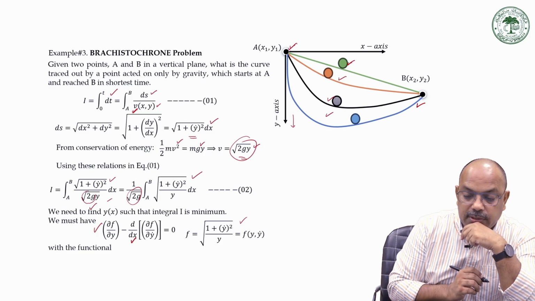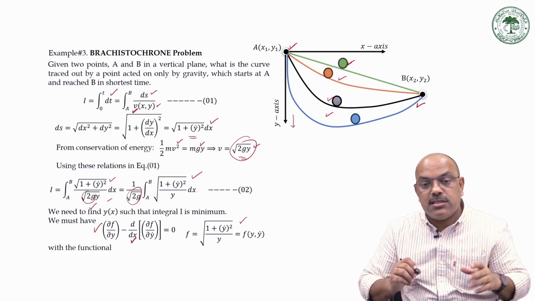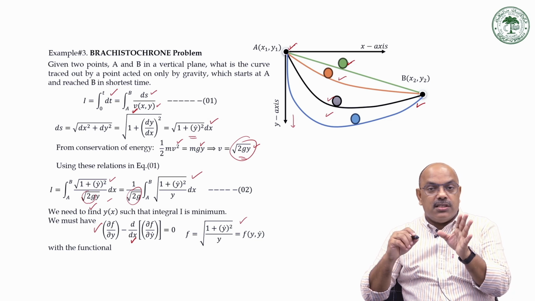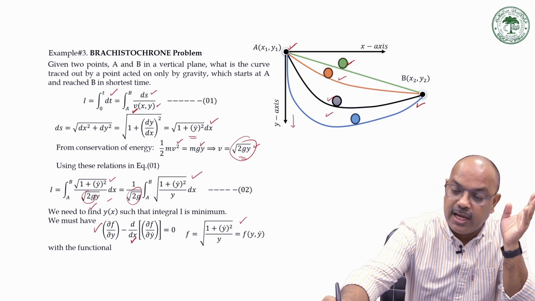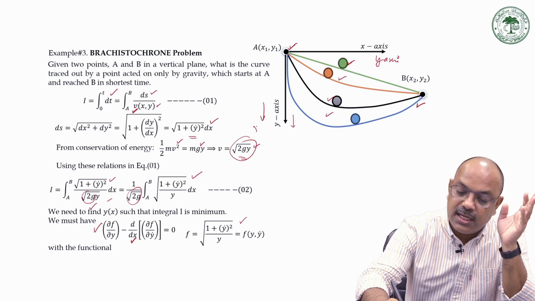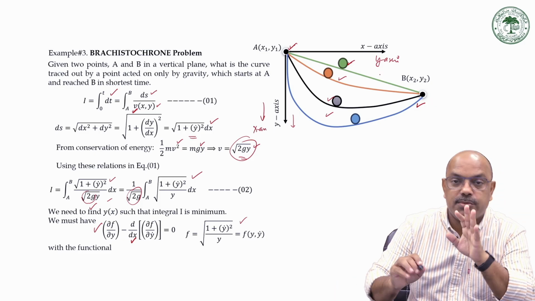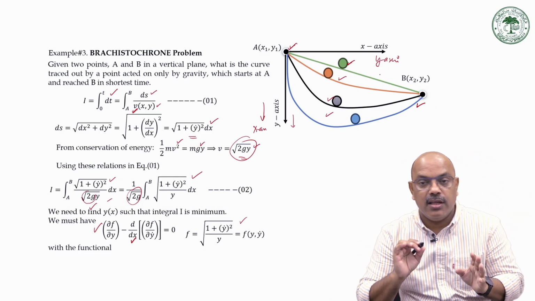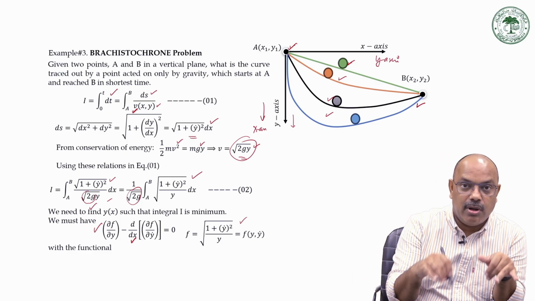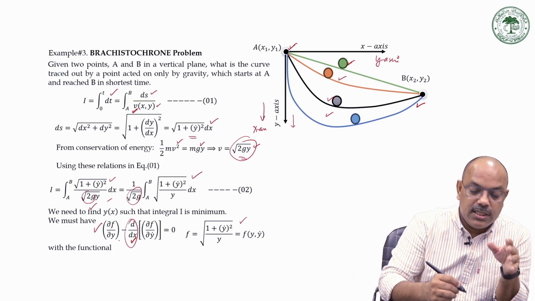So what is the problem here? This problem arises because if I would have chosen this as the x-axis, and this as the y-axis, this problem would not have been there. But because I have chosen this as the y-axis, I'm not getting this d by dx.